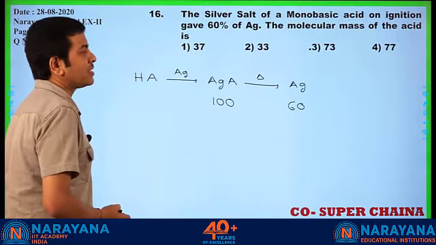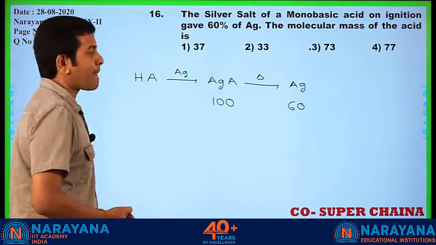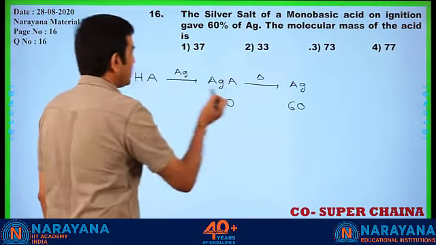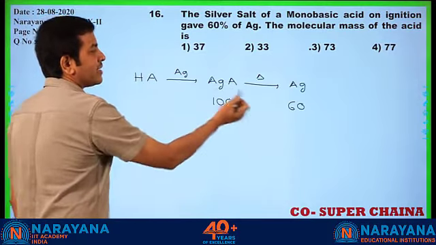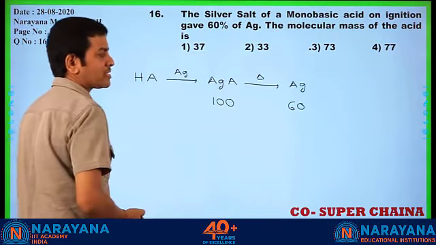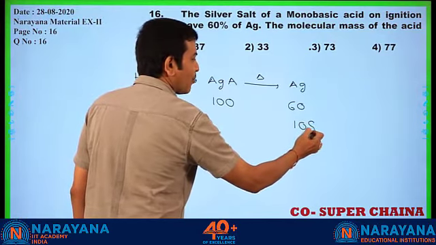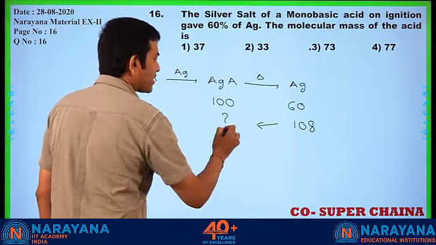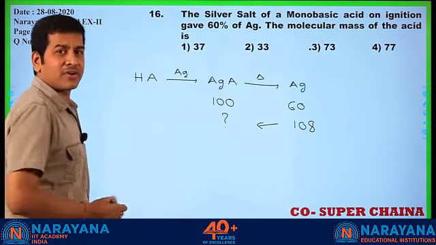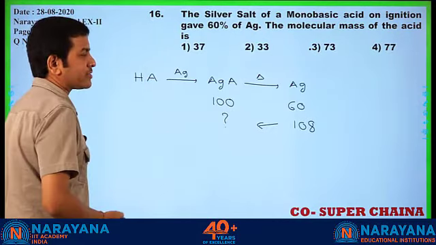Here only 1 mole of Ag is deposited, because this is a monobasic acid. 1 mole of Ag weighs 108 grams. But 108 grams is present in how much weight of that silver salt? This value will be its molecular weight.